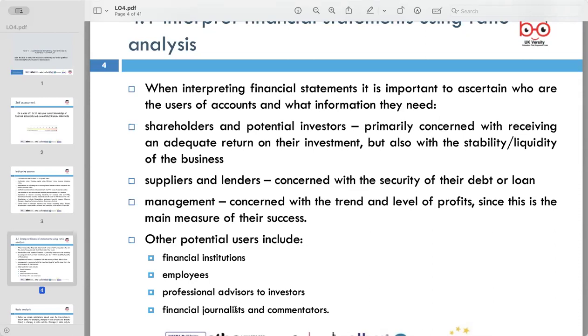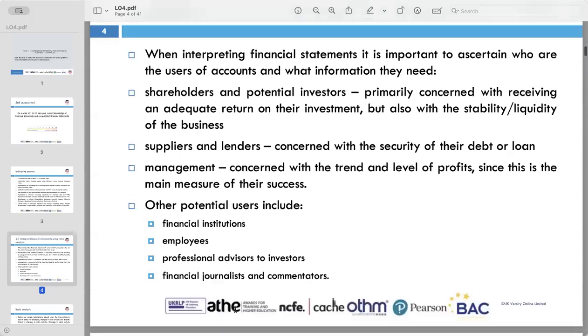Each of these parties seeks certain insights from the financial data presented, tailored to their specific interests and concerns. For example, while a financial institution may assess the creditworthiness of the company, employees may look for indicators of stability and growth within the organization.